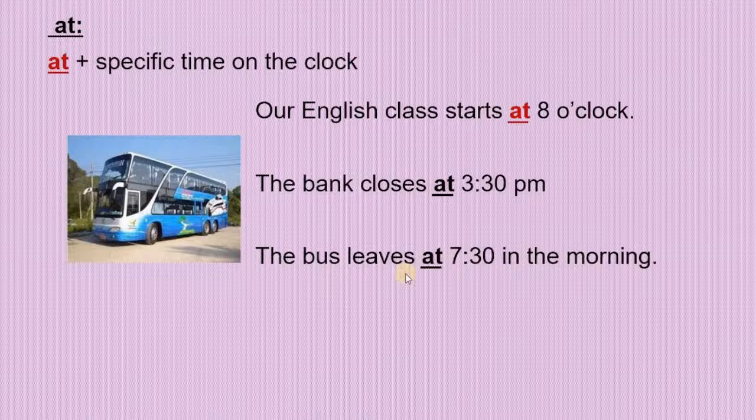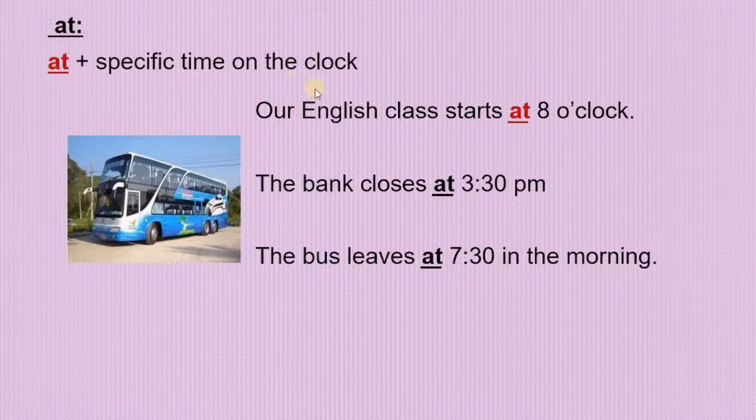Okay guys, at 7:30, at 3:30, not in 3:30, not on 3:30, not on 7:30, not in 7:30, but at 7:30 in the morning, at 3:30 p.m., at 8 o'clock.